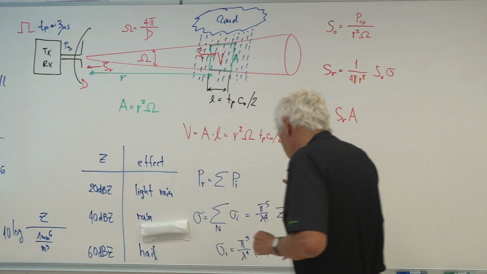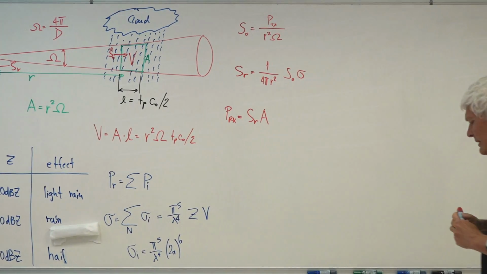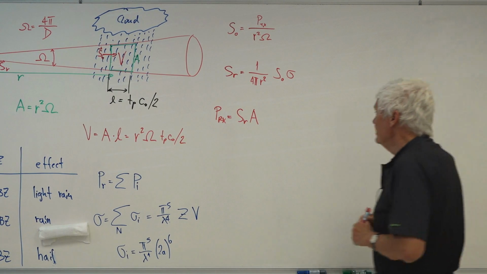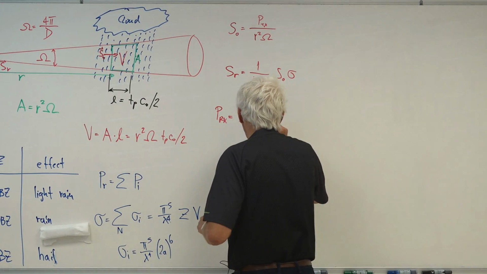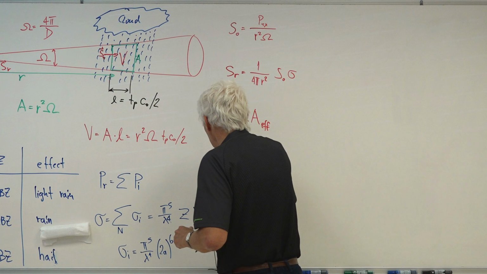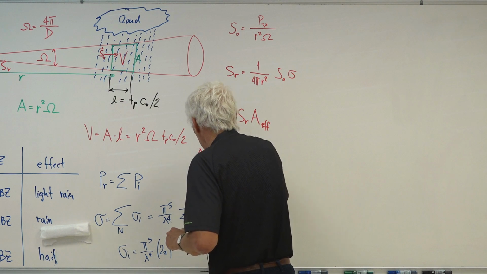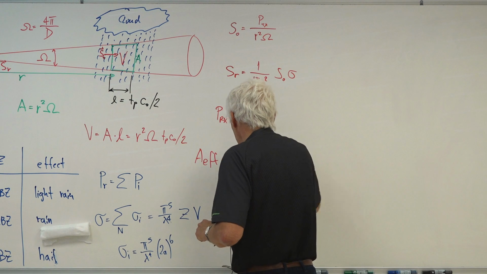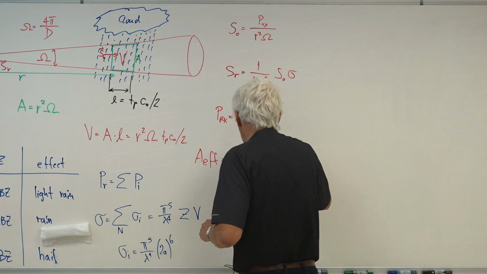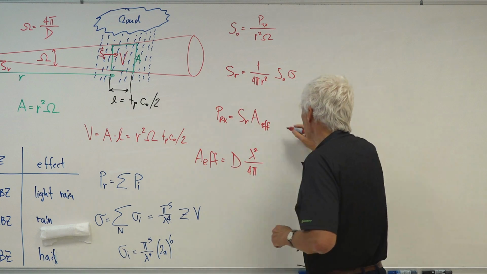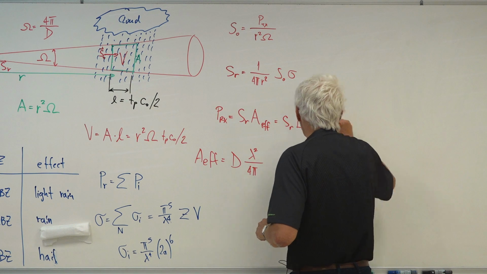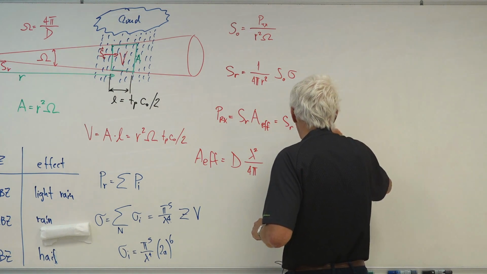I don't want to use the letter eta because I use it somewhere else in my textbook. So this effective area of the antenna is the directivity of the antenna times lambda squared over 4 pi. So we have S reflected times directivity times lambda squared over 4 pi.